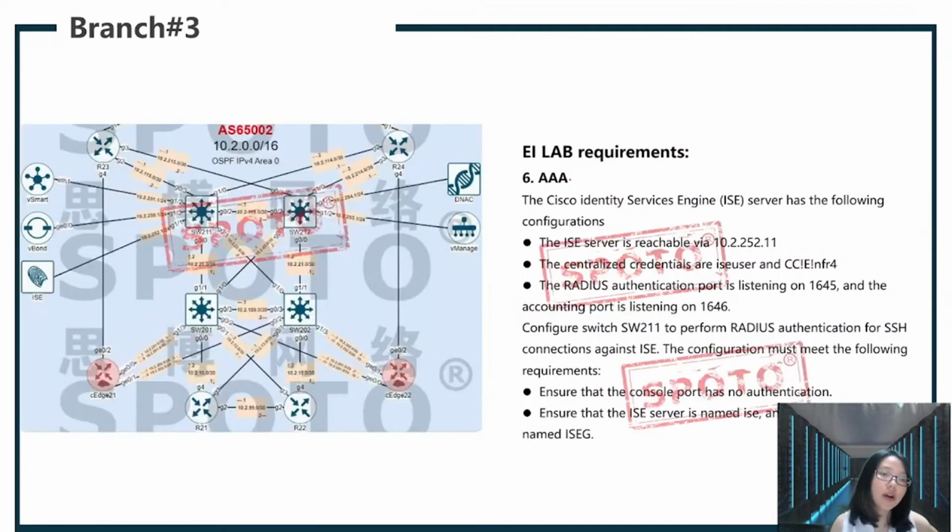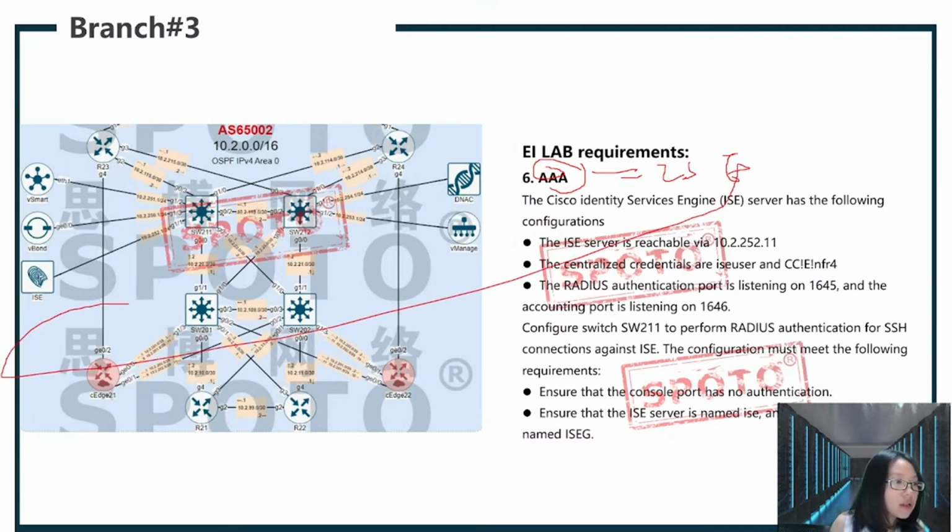Okay, and the last requirement is about AAA. Okay, AAA. So this question is related to ISE. Switch 211 needs to configure the SSH function.